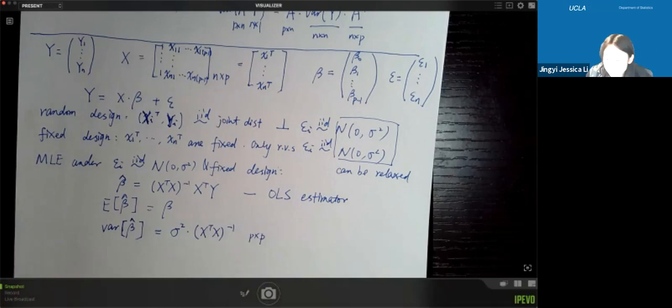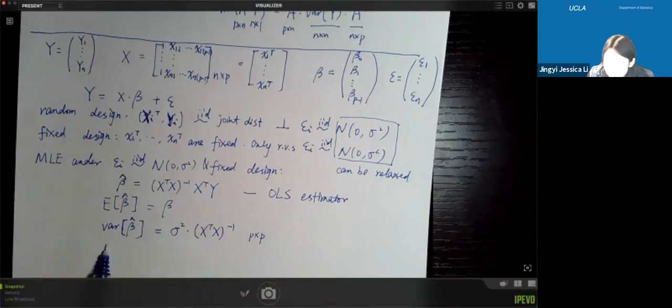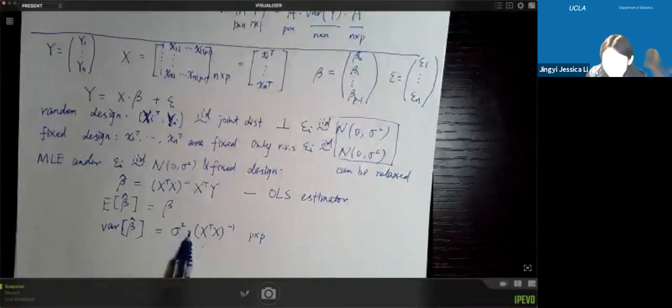And this is under the fixed design. But under the random design, which I'm not going to talk about here, the variance will not be of this form, because in the random design, this term will be random. So you cannot just put it here. You cannot include the random term in the covariance matrix. So you need to take some expectation. I think that's something you can check out.